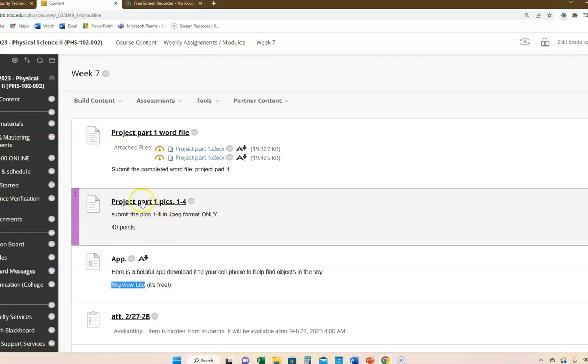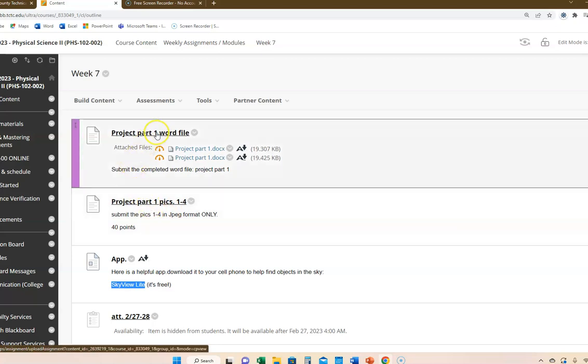But in this first part, you're going to take 4 pictures of the moon at different times during what's called the waxing crescent phase, and then you're going to turn that in, and you're going to answer some questions as well.